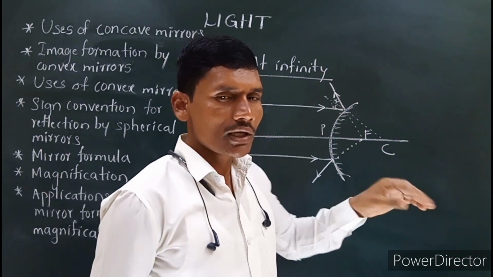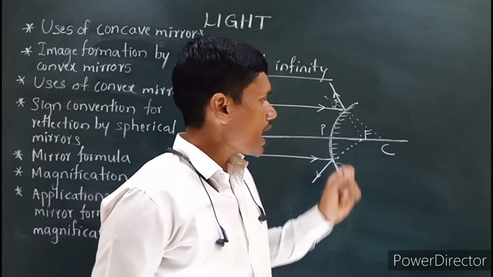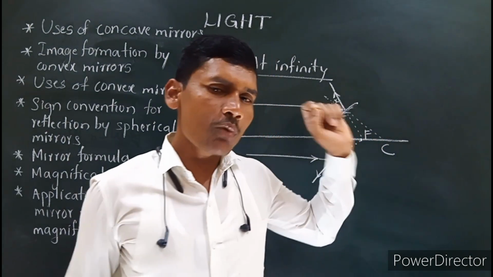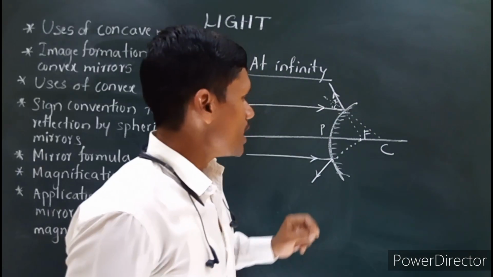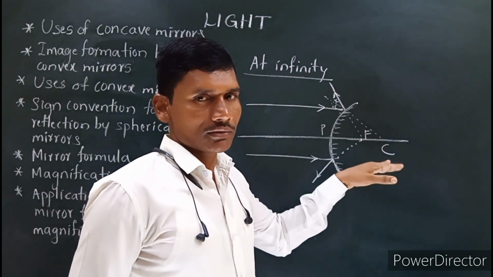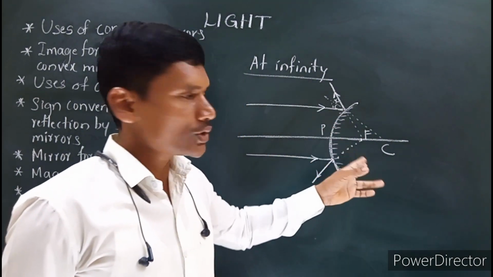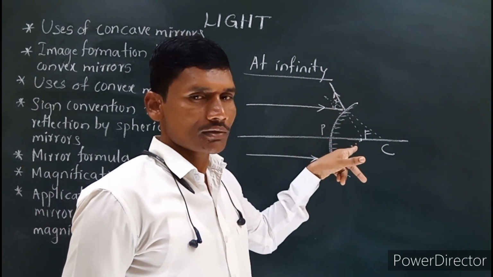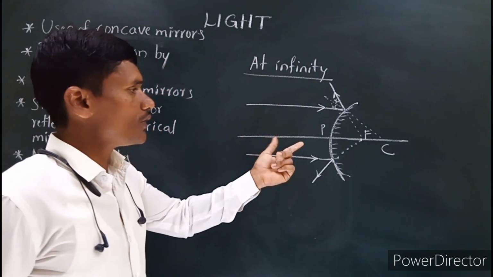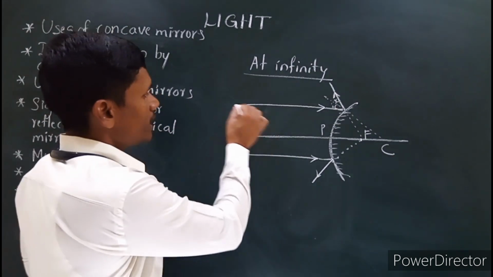Behind the mirror, it is always virtual and direct, and it is highly diminished or point sized. The location is behind the mirror. So we could understand the position, nature and size here. This is image formation when the object is at infinity.